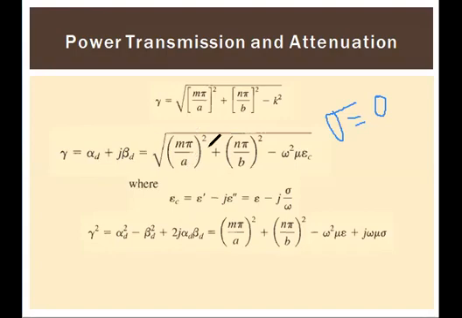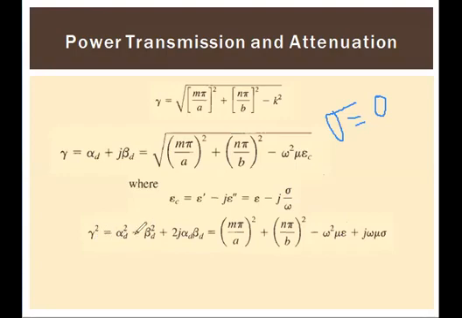that is equal to root over of m pi by a whole square plus n pi by b whole square minus omega square mu epsilon c, where epsilon c equal to epsilon prime minus j epsilon double prime, that is equal to epsilon minus j sigma by omega.